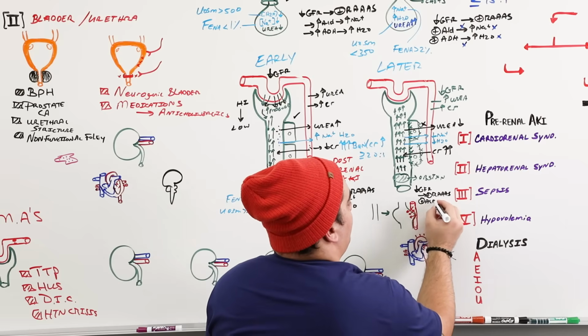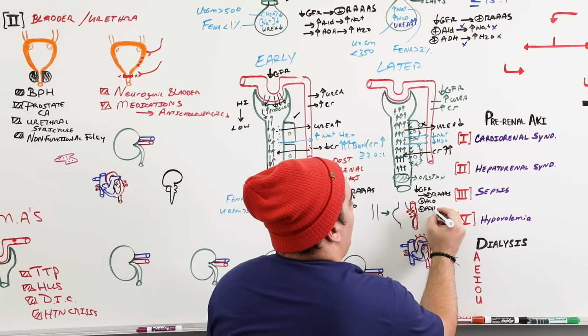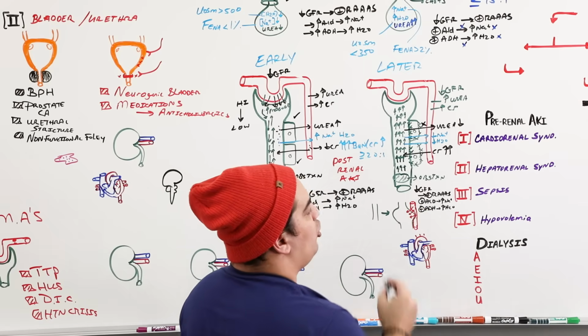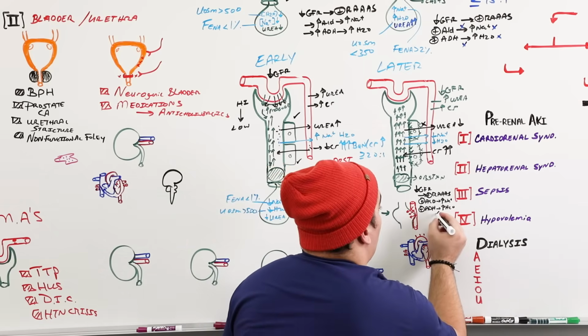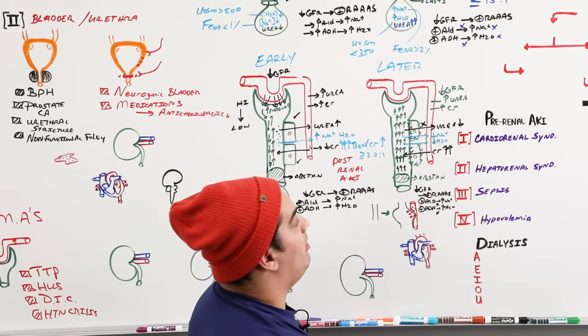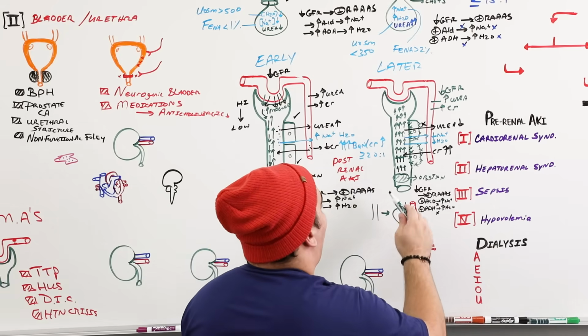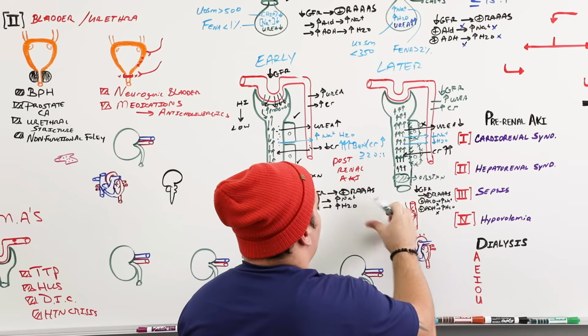If aldosterone and ADH are present and the kidney tubules work, this should increase sodium. If ADH is present and the kidney tubules work, this should increase water reabsorption. But are the kidney tubules working? No. They're all jacked up. Can you reabsorb sodium and water? No.